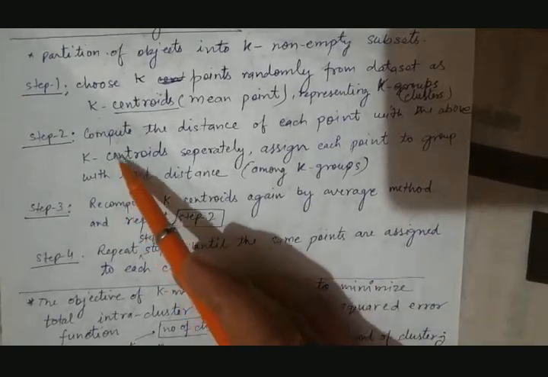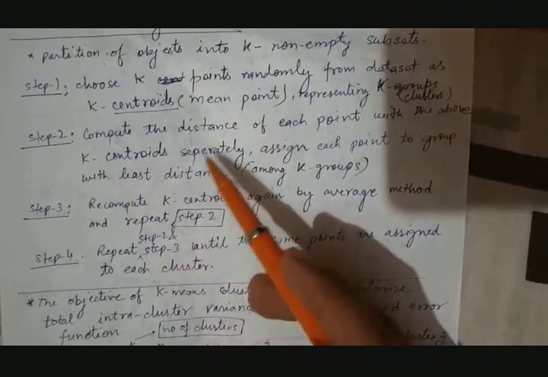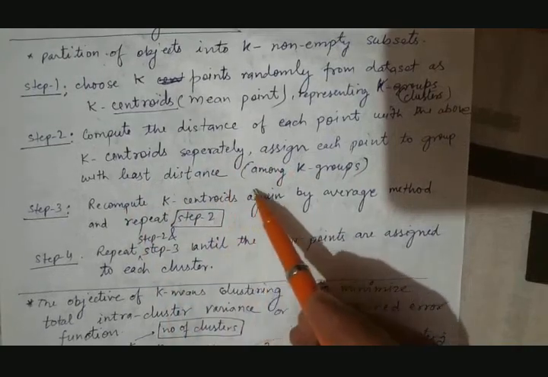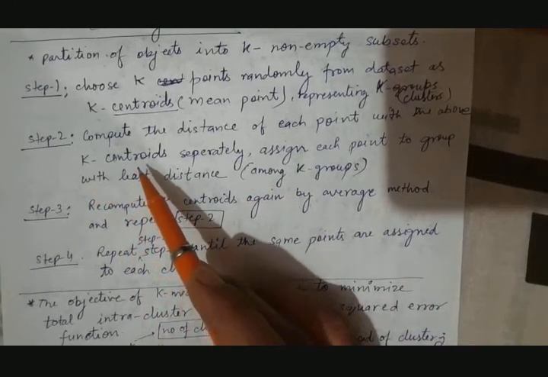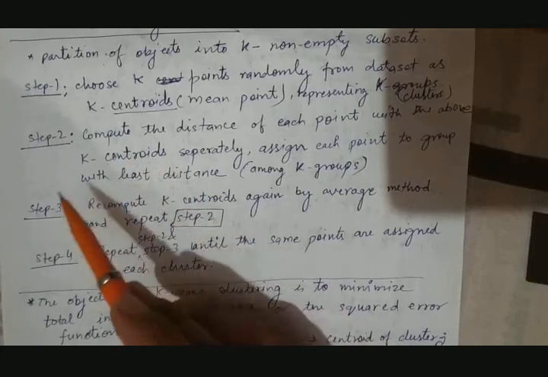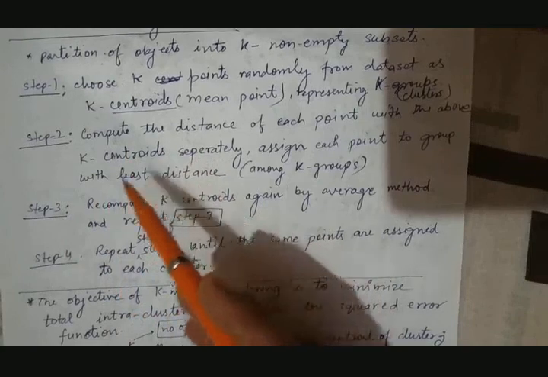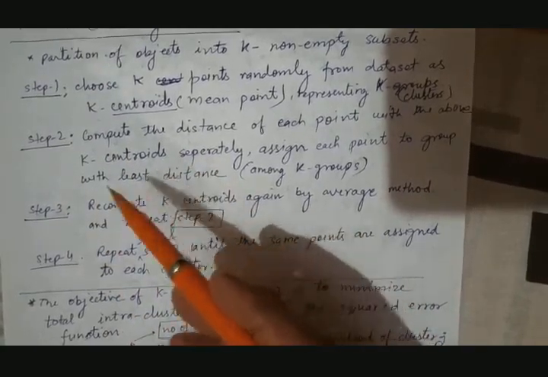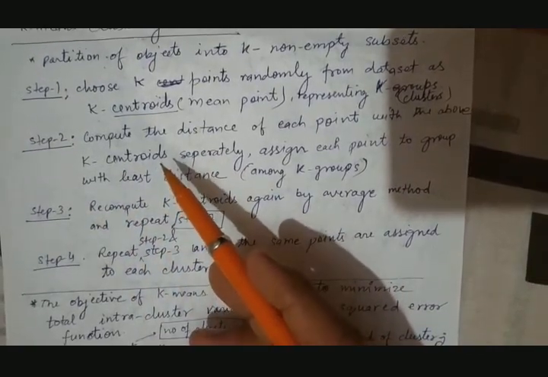Step 2: compute the distance of each point with the above K centroids separately and assign each point to the group with the least distance among the K groups. The K centroids represent the K different groups. We compute the distance of each data point with respect to these K centroids separately, and the one with the least value gives the appropriate cluster number for that data point.